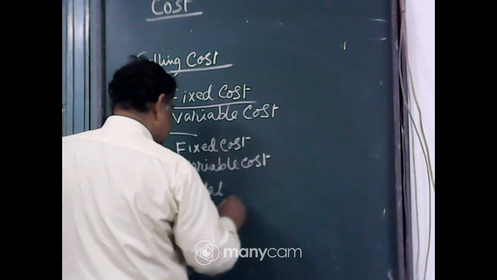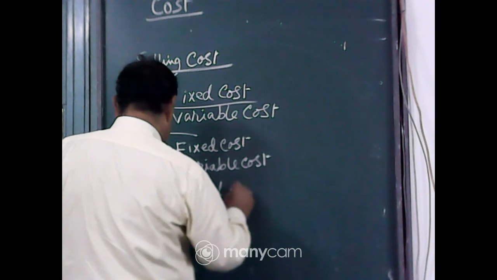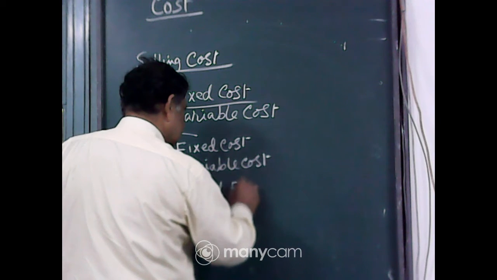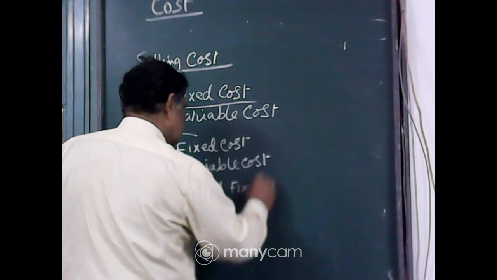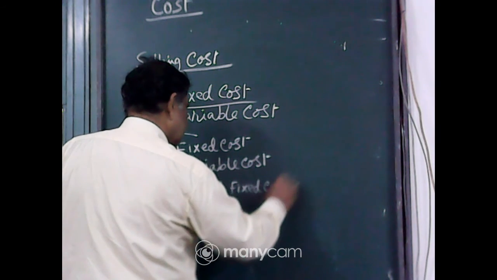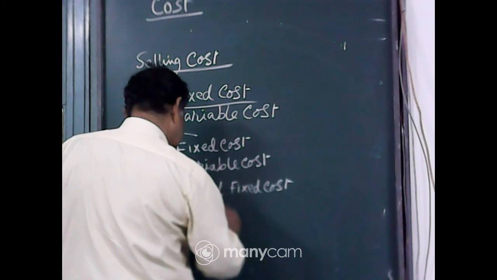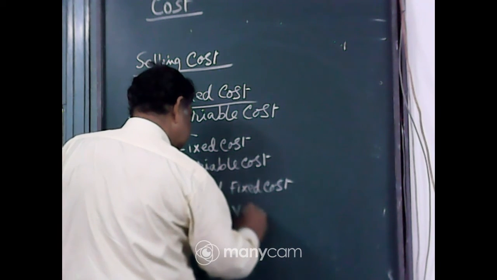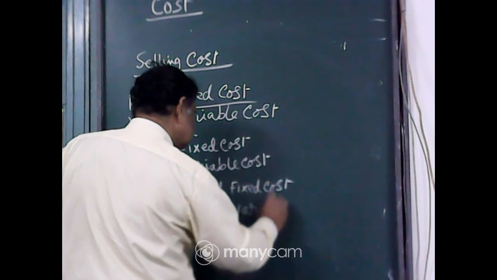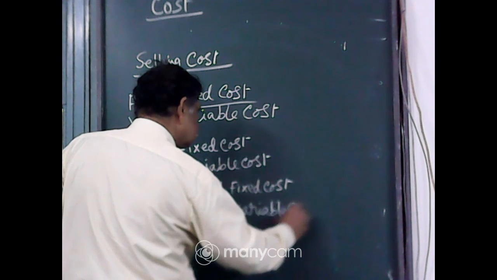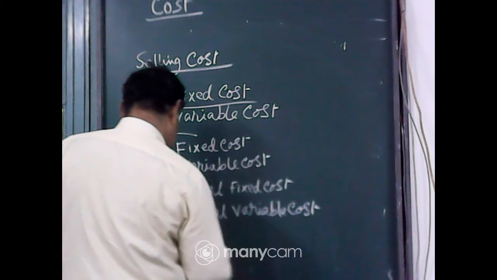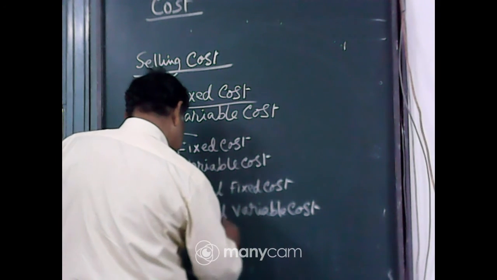You will get these terms in the book. Total fixed cost. Total variable cost. Marginal cost.